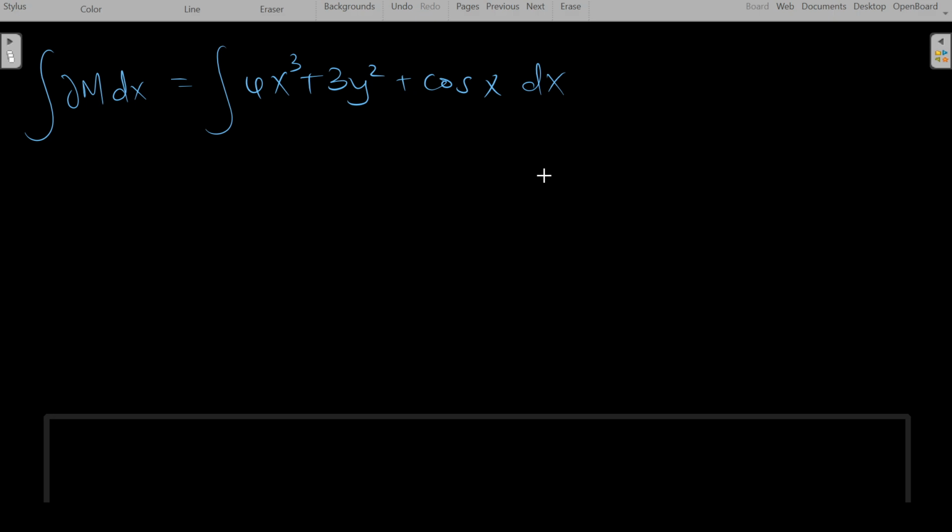Now we're integrating this function with respect to x. Where there is a y term, we'll treat that as a constant. How will we integrate this? We'll get our answer as 4x to the 4th divided by 4, and then I'll add that to this point.